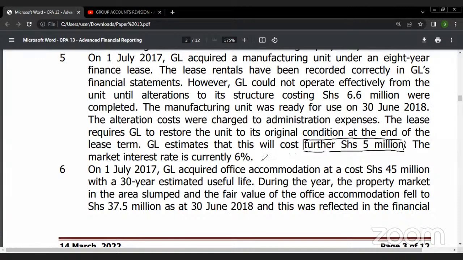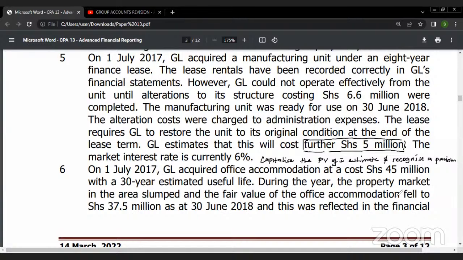So what we do here, we capitalize the PV of the estimate and recognize a provision.